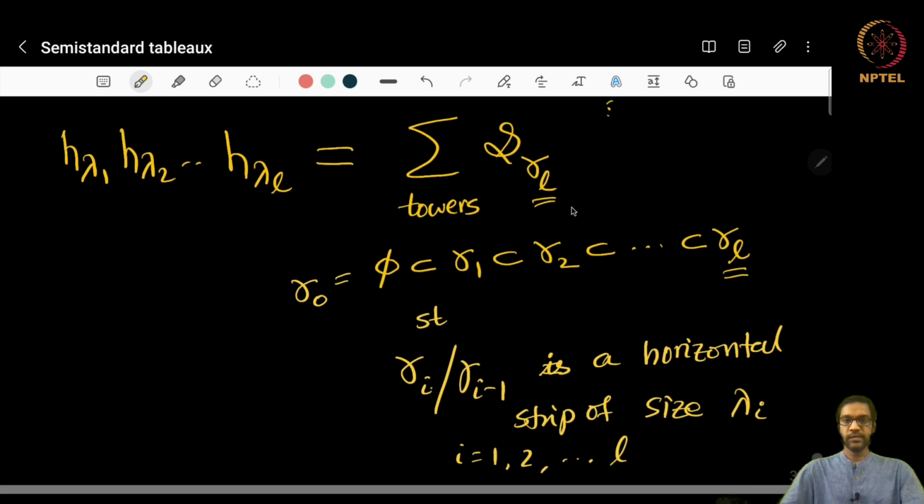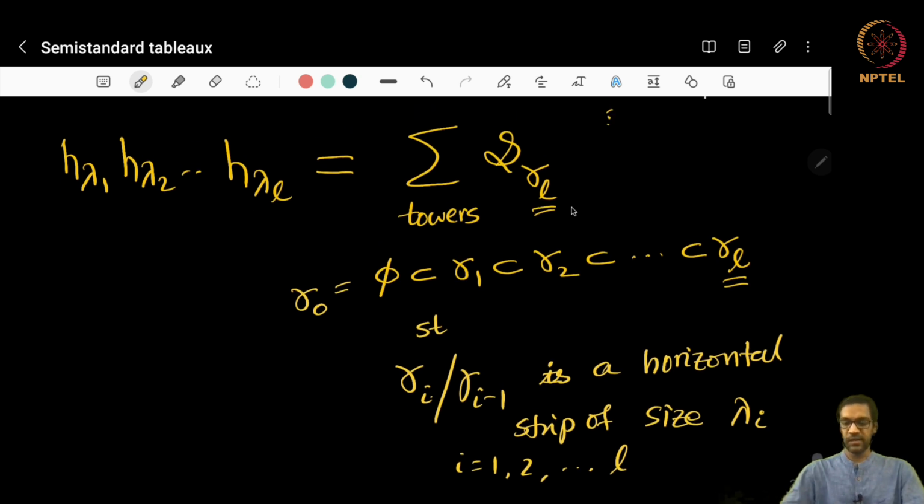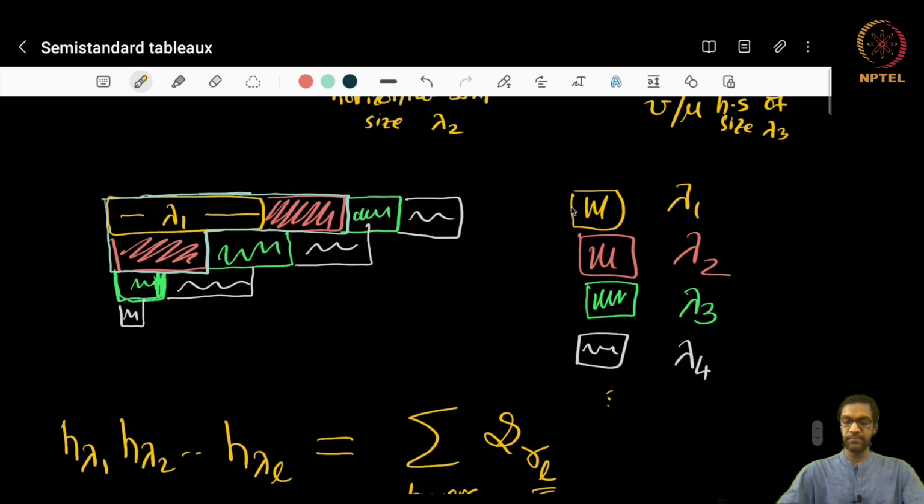Okay, so what have I done? Essentially, I am saying the same thing that I have said earlier, which is that you form a tower of shapes. The very first step is the empty shape. To that you attach lambda 1 boxes. Now from that to that you attach the next guy. So what's the tower in this case? The first step of the tower is lambda 1. The second shape in the tower is the thing formed by lambda 1 and the red boxes.